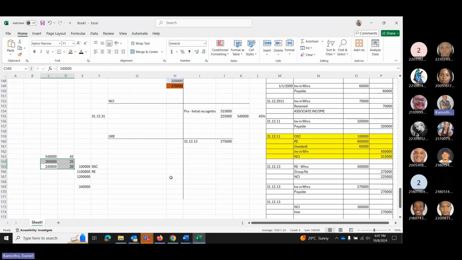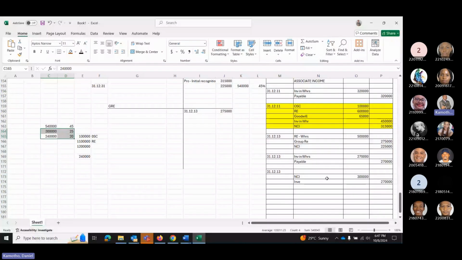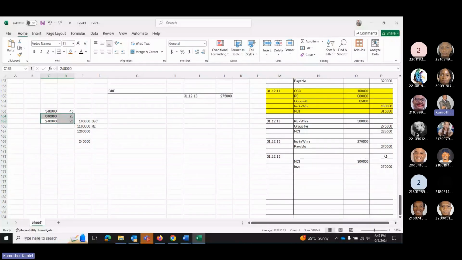And therefore, ideally what it is showing here is that the company has bought net asset worth 300,000 and they paid 270. So what does that represent? It represents a gain. By acquiring the extra shares, they have gained net asset worth 30,000.